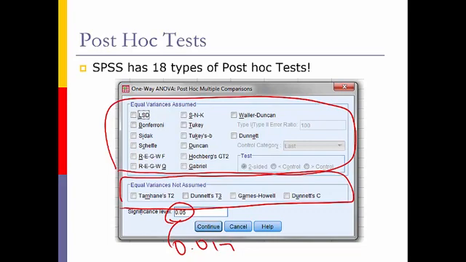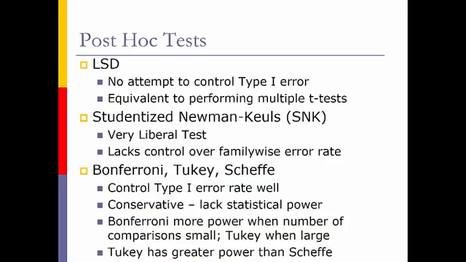So what happens if at this point you don't know if you have equal variances or not? You could choose one from this category and one from that category, and then after the analysis results come in, you're only going to pick one of those to look at. So you can easily pick one from each category and then proceed at this stage in the game.